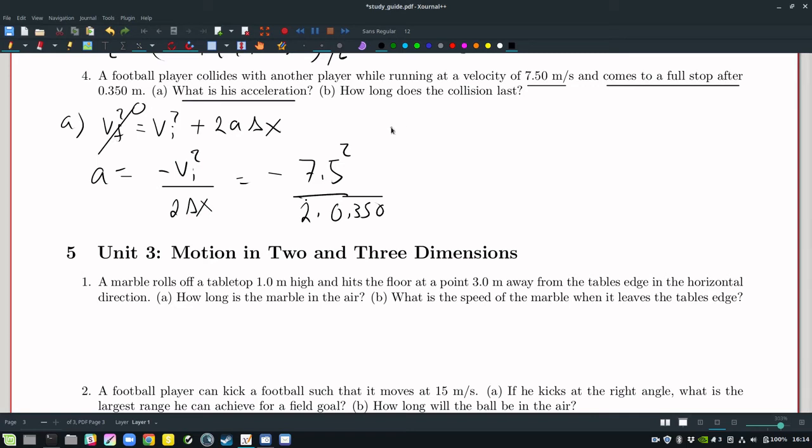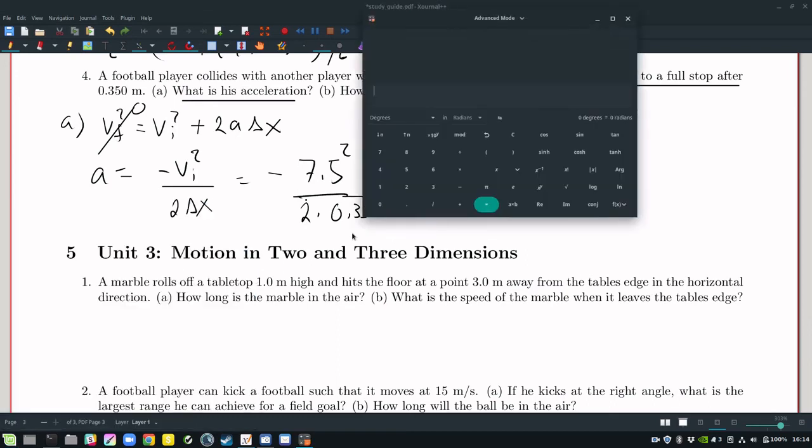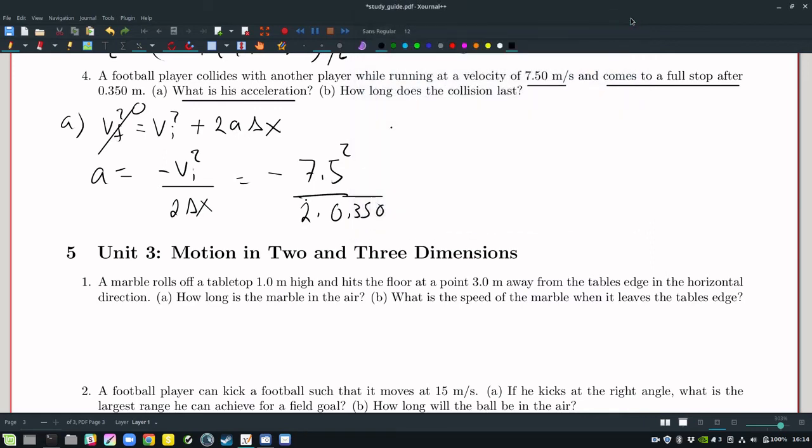So the acceleration, we can open the calculator to find 7.5 squared divided by 2 divided by 0.35. And it's something like 80 meters per second squared. That's very large. It's really negative 80 meters per second squared.